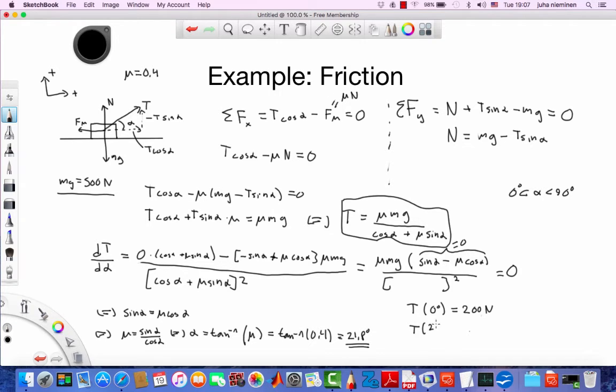T at the calculated 21.8 degrees is about 186 newtons. And if we go all the way vertical, and pretty much we are lifting it up, then of course the tension force would be 500 newtons. So we have our minimum nicely there, around 22 degrees.